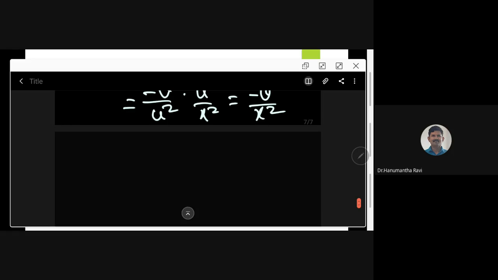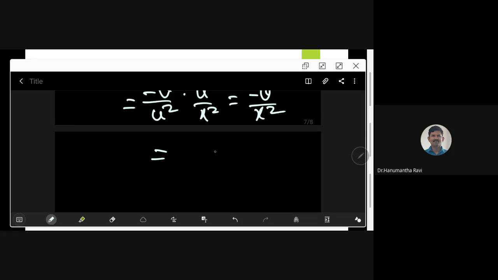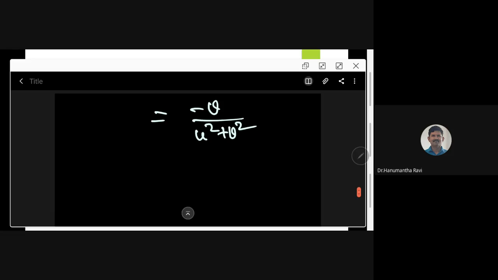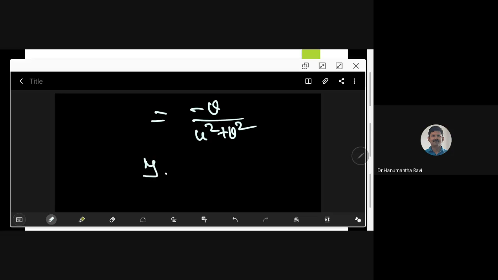So this is coming as minus v by u square plus v square. Very good. So we got yu as minus v by u square plus v square. We will highlight this.